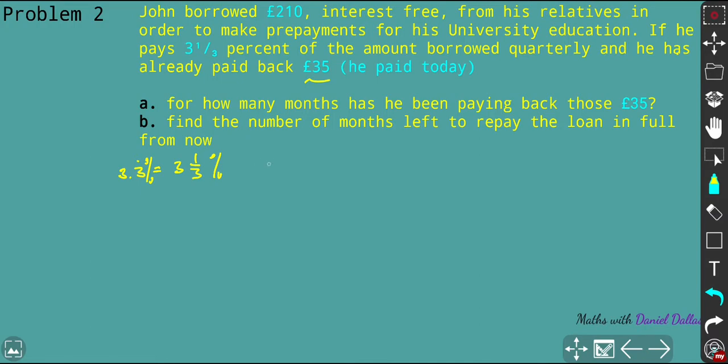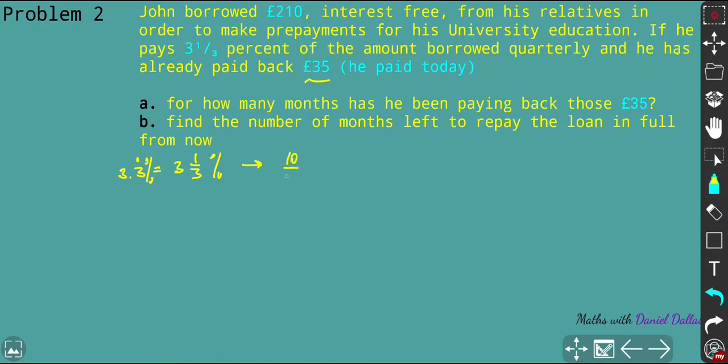So we understand that the amount is paid on a quarterly basis. What we can do is convert into a fraction, or if your calculator allows you to input recurring decimals, you can use that.